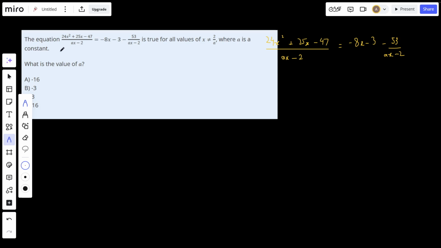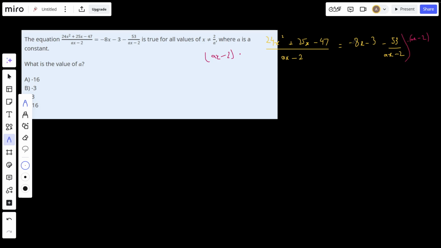Well, the fact that this is an equation gives us a hint that we want to apply algebra to this question. So our first step would be to get rid of the denominator ax minus 2 on both sides. So what we do is we multiply both sides of the equation by ax minus 2, times the left-hand side and ax minus 2 times the right-hand side.